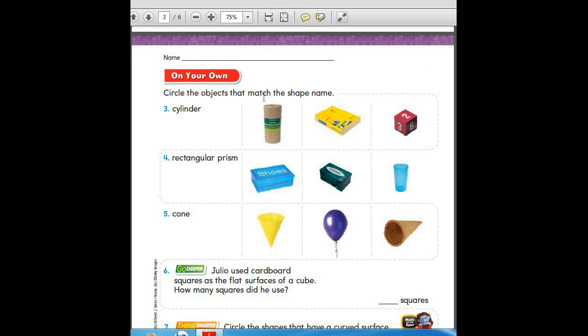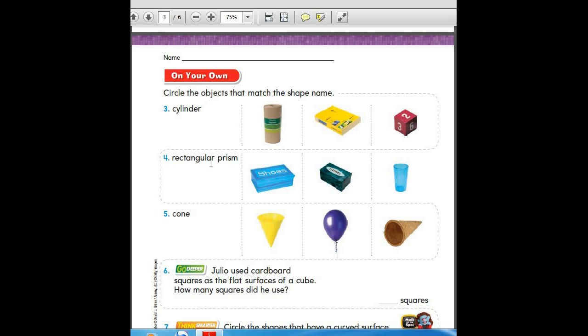Here, circle the objects that match the shape name. We have cylinder, and this is a roll of tissue, and this is a book and a dice. What do you think? Cylinder looks like this roll of tissue, or the book, or the dice? Yes, cylinder looks like the roll of tissue.